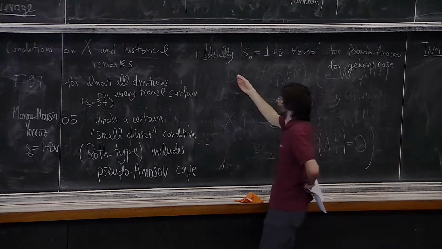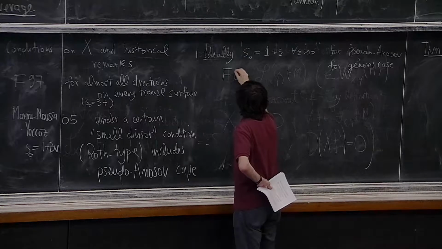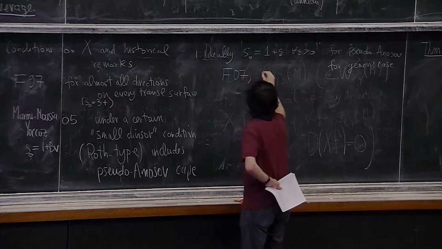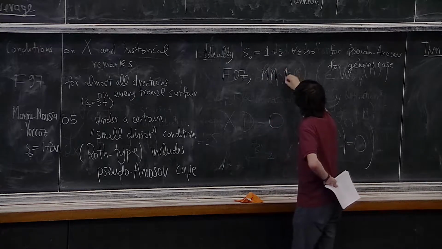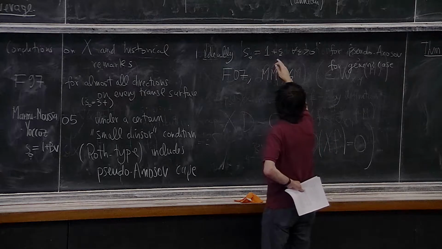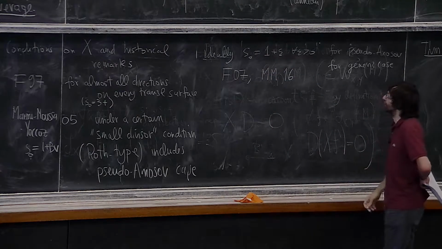There is some progress in that direction in my 2007 paper, and then there is a paper by Marmi and Moussa in 2016. I have to say that these papers don't quite get to that in full generality.